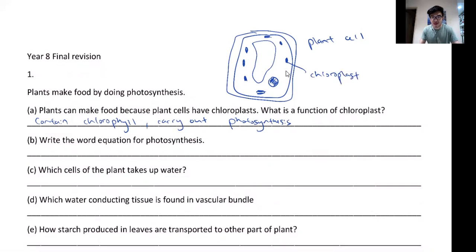Inside the chloroplast there is chlorophyll. Don't confuse. Chlorophyll is the color, the 叶绿素. It's the thing that is the green color. The chemical is called chlorophyll. The container is like a Tupperware that puts your color in. The container is called chloroplast, so don't get confused.